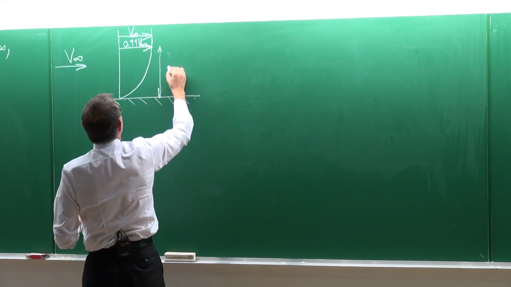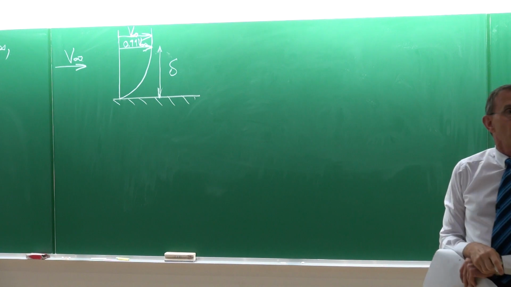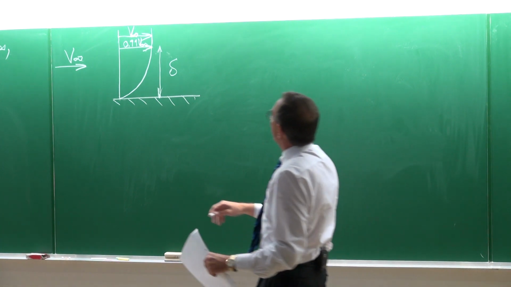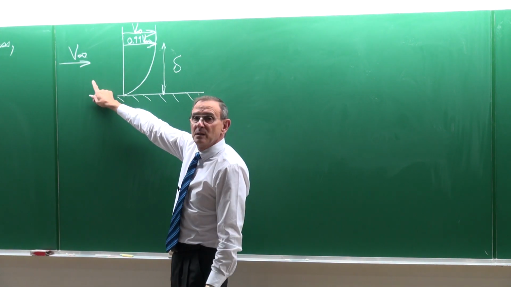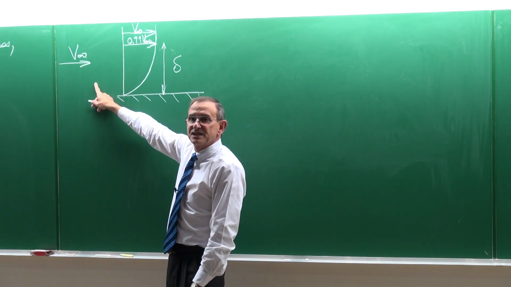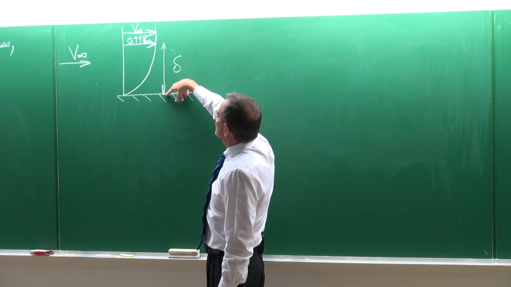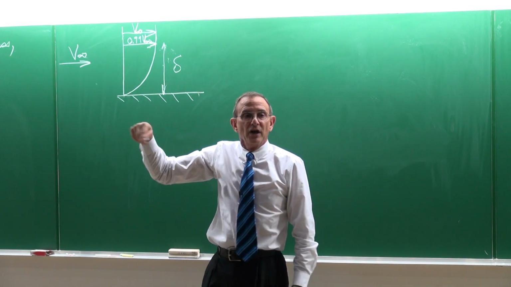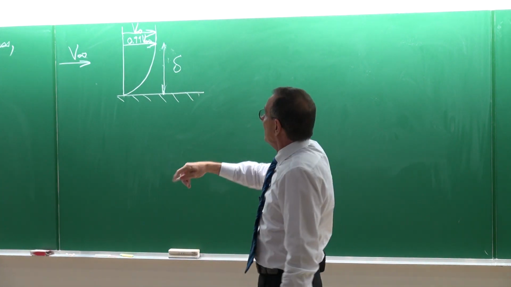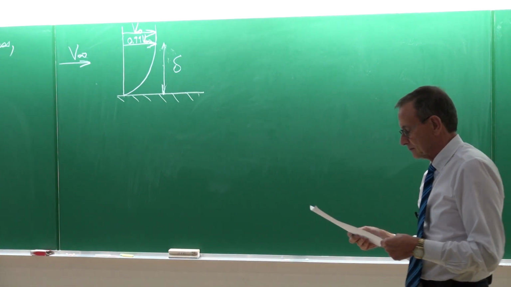This is the boundary layer thickness, 99% of the free stream velocity. So if the free stream velocity is 100 meters per second, and we can measure the velocity as we go up here, we are going to look for the velocity of 99 meters per second. And that is considered as the boundary layer thickness.